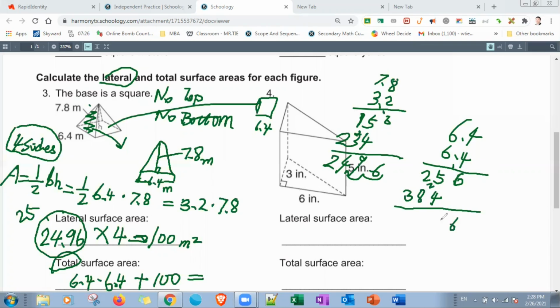And I'm up 6, 9, 10, 4, 2 digits. All right, it's about 40.96.